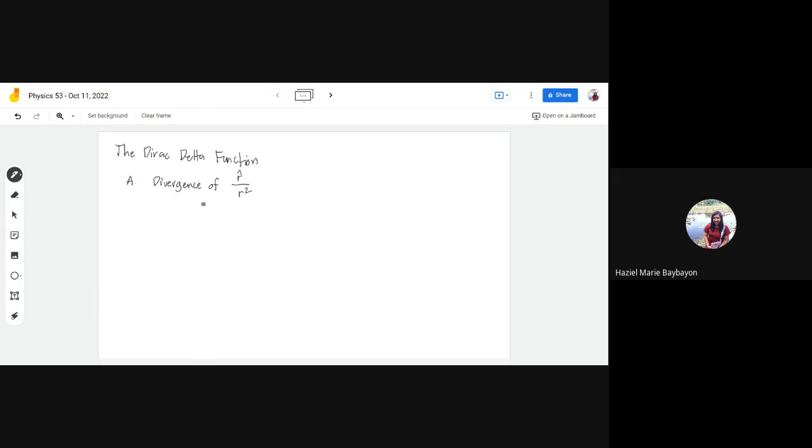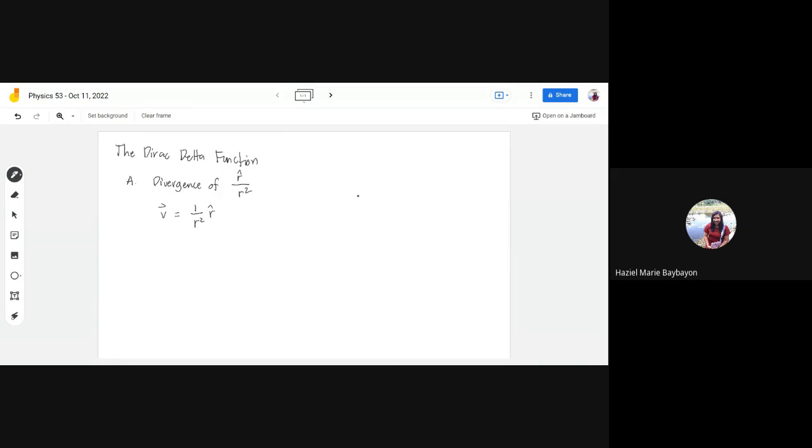So from here, consider this function. That is our vector function. We have 1 over r squared r hat. Now, at every location, this V is directed radially outward.